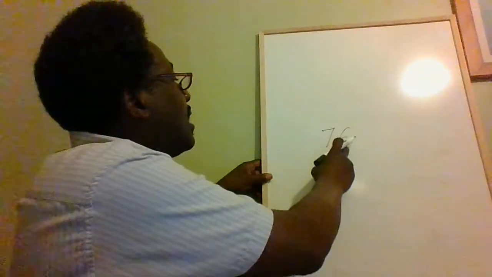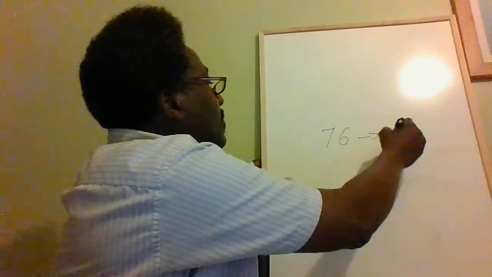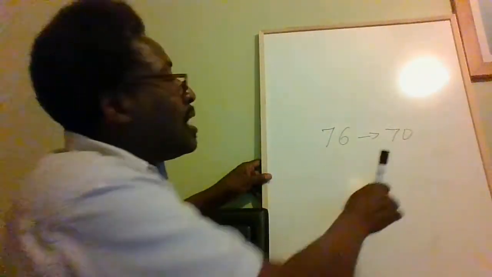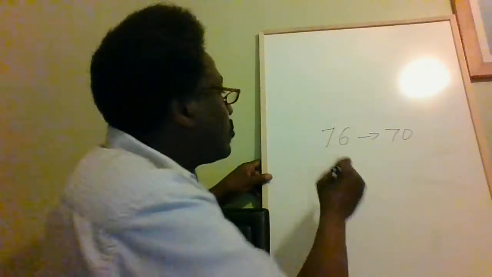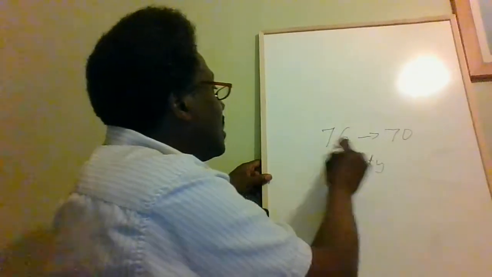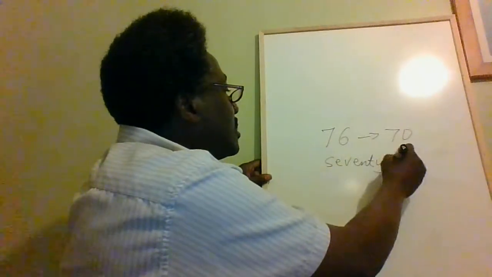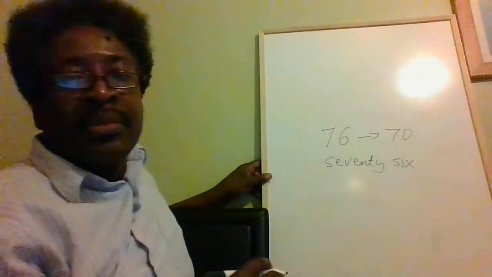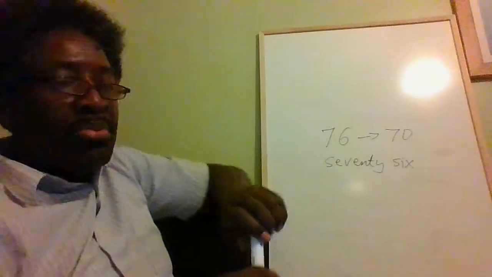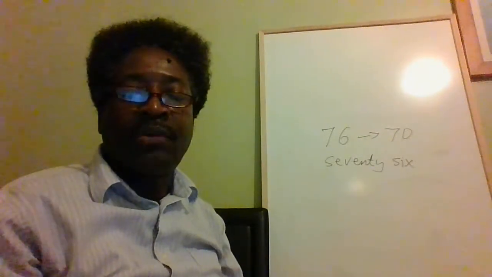We said, let's assume that digit is 0. So we have 7 and 0. We now say this in words. We say 70, and then mention this digit, 76. So writing a two-digit number in words was quite straightforward.